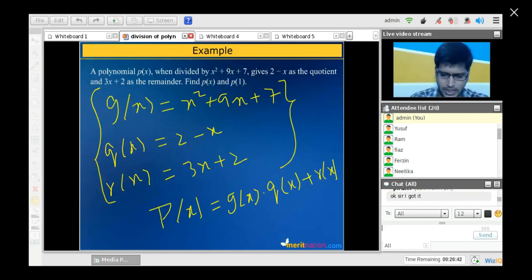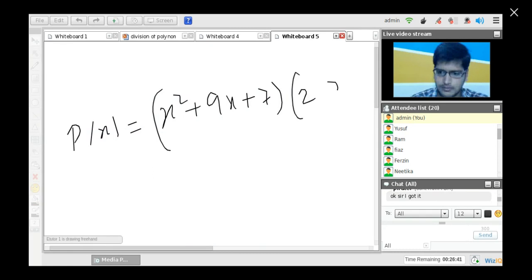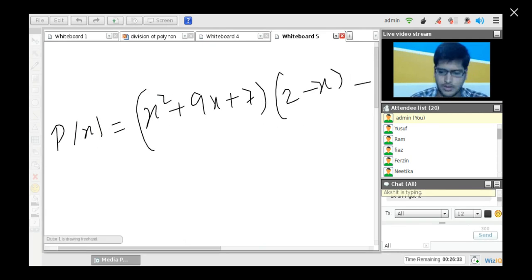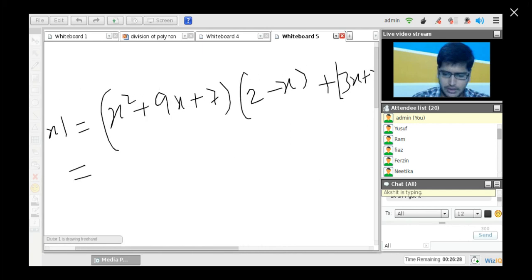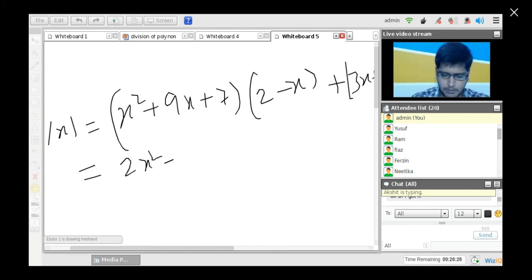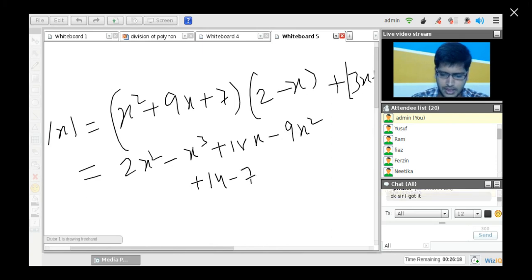Now if you observe the 2 minus x plus 3x plus 2, now multiply it. x square times is 2x square minus x cube plus 18x minus 9x square plus 14 minus 7x plus 3x plus 2.